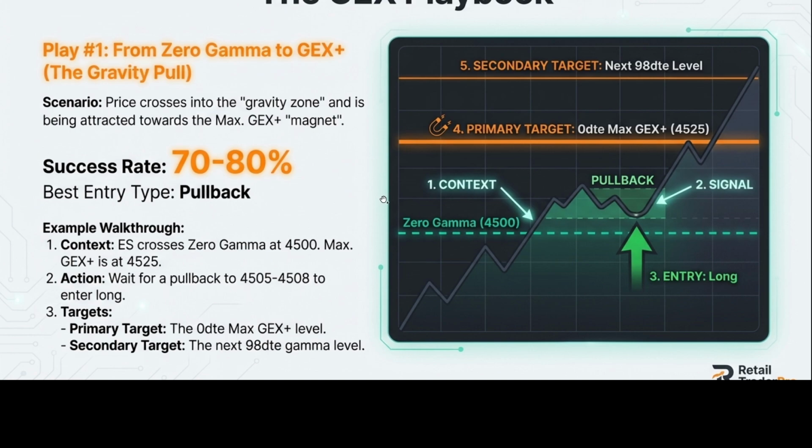For example, the best entry when we are in play one, when price goes from 0 gamma to Gex positive gamma in the gravity pull. First of all, we have to wait for price to go from the negative gamma zone to a positive gamma zone.